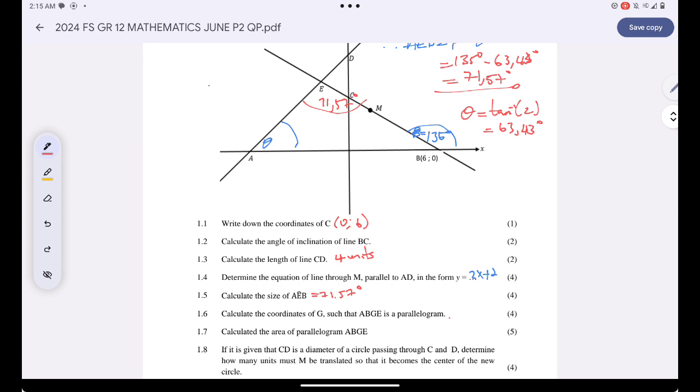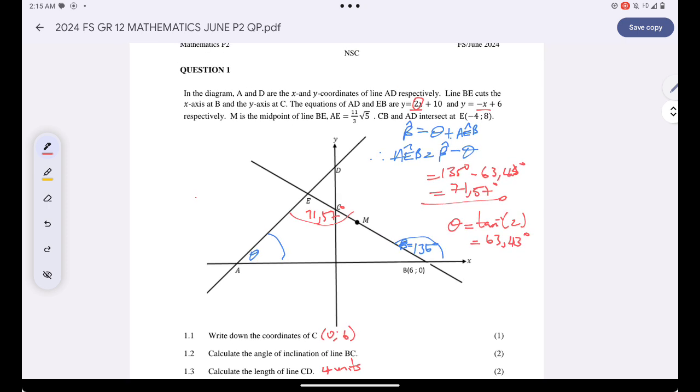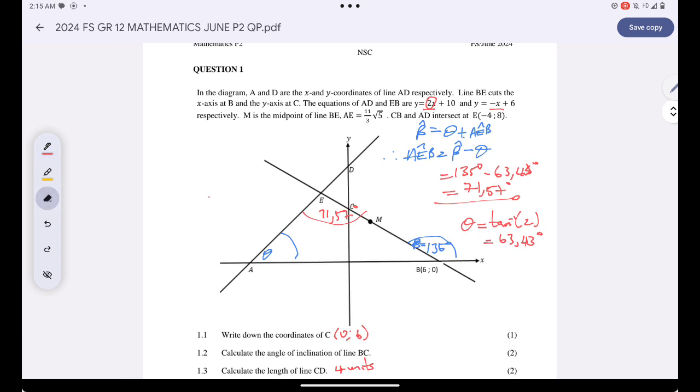Okay, calculate the area of parallelogram A. Okay, may I please erase here just to create room for me to write.